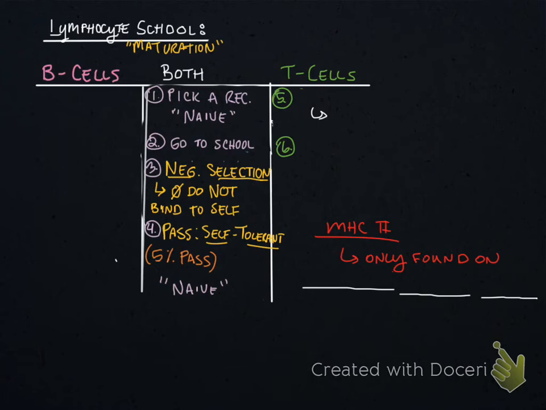Now, what about T cells? Well, T cells still have to go through what's called positive selection. Positive selection selects cells that can bind to MHC molecules.